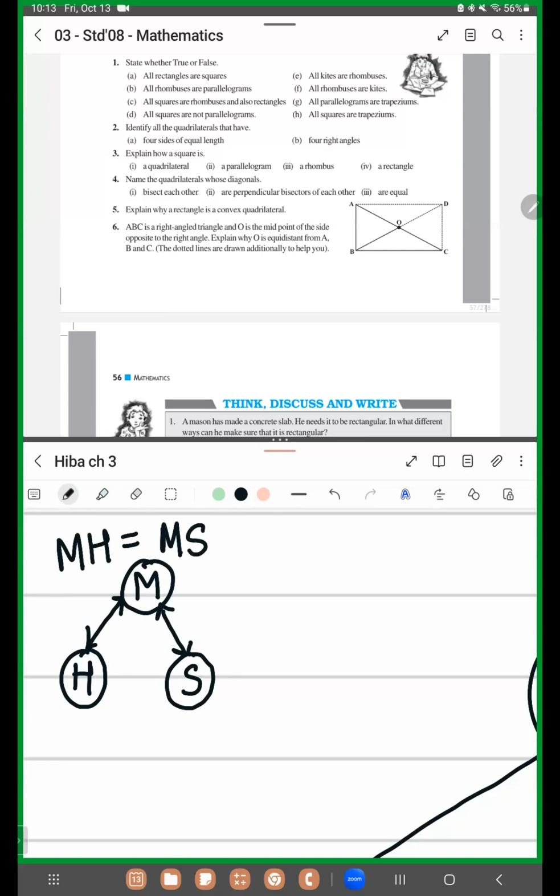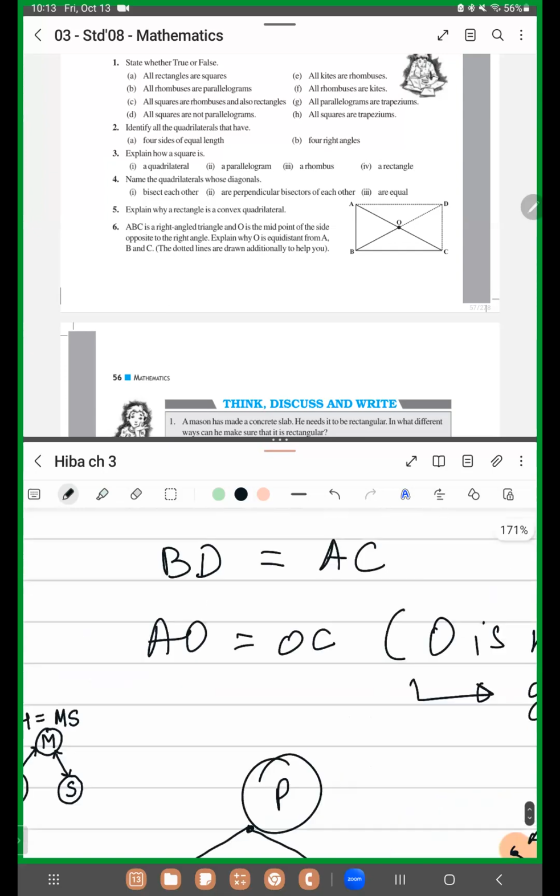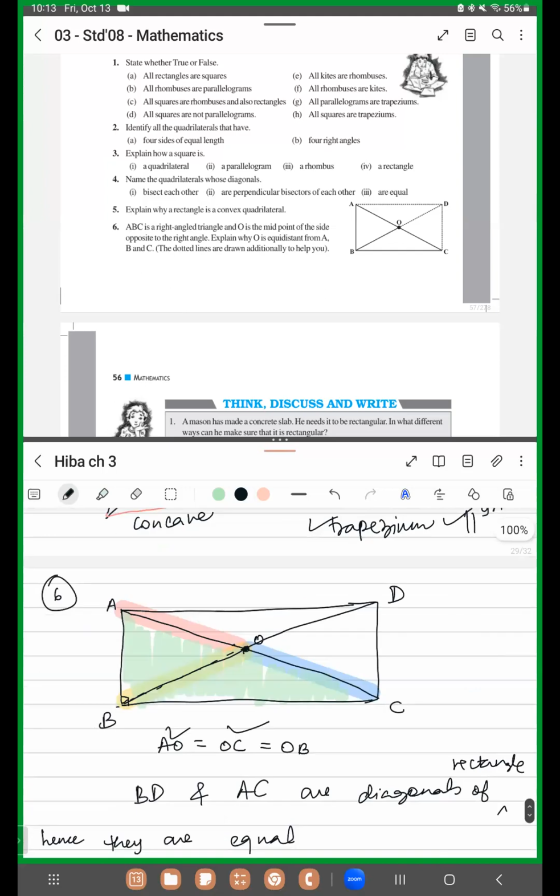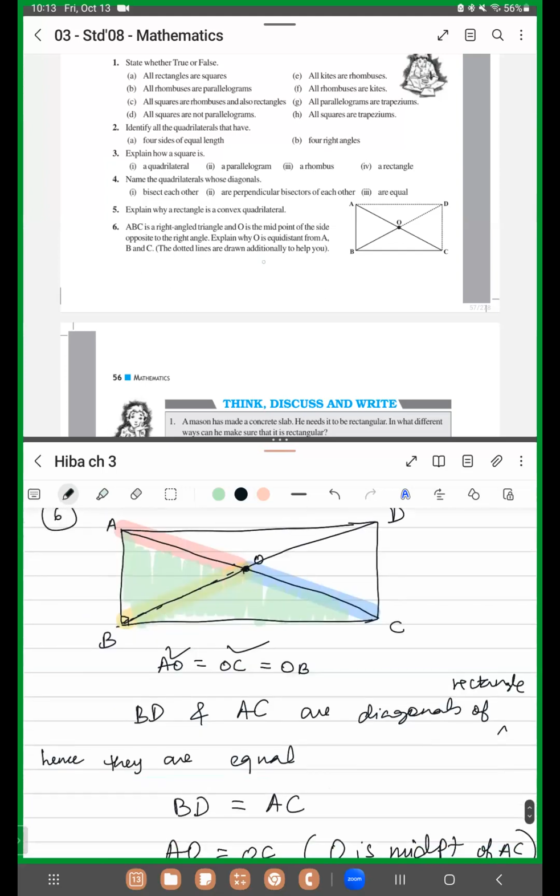So they are saying that you have to show that O is equidistant from A, B, and C, meaning you have to show that OA is equal to OB is equal to, what is the third point? OC. So OA is equal to OC is already given to us in the question.